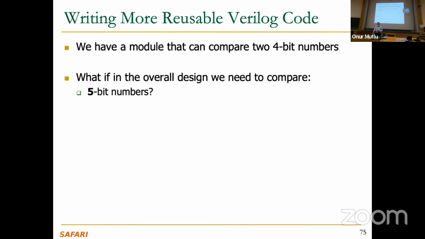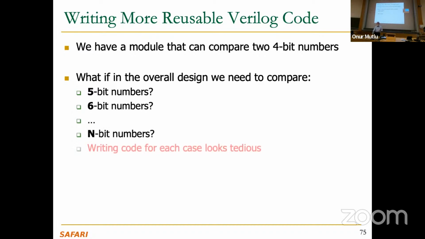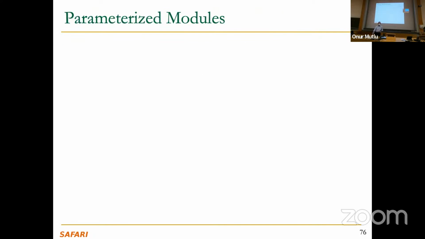Okay, so let's assume that you have a module that can compare 4-bit numbers. What if in the overall design you need to compare 5-bit numbers or 6-bit numbers or 7-bit numbers or n-bit numbers? Can you parameterize this? Clearly, writing code for each of these is tedious and it's not fun. So we can have parameterized modules.